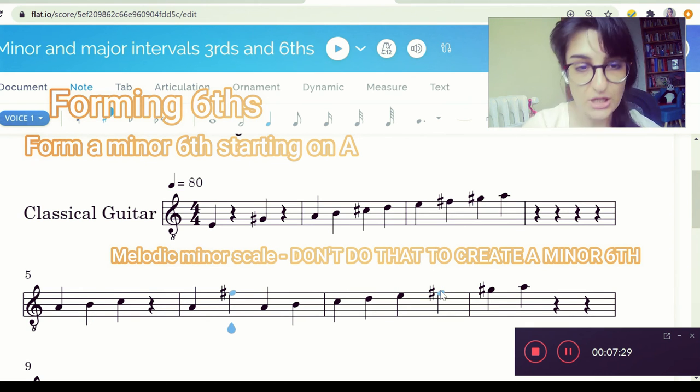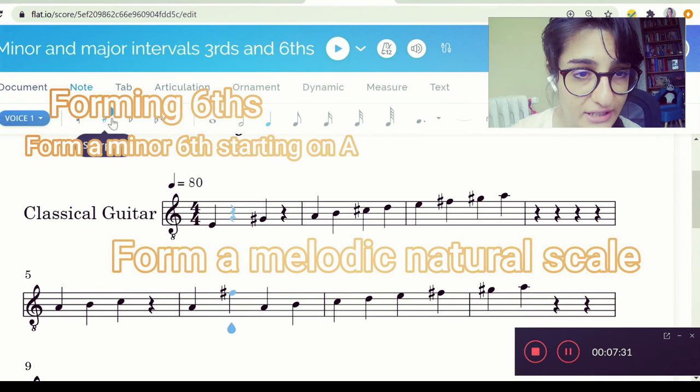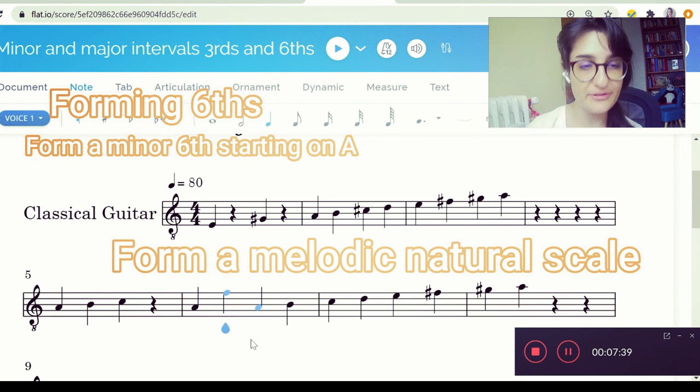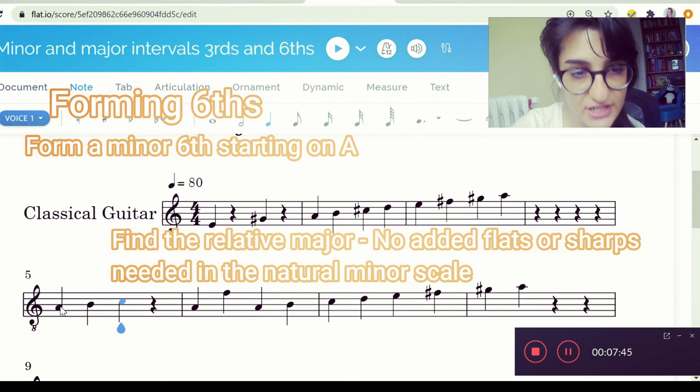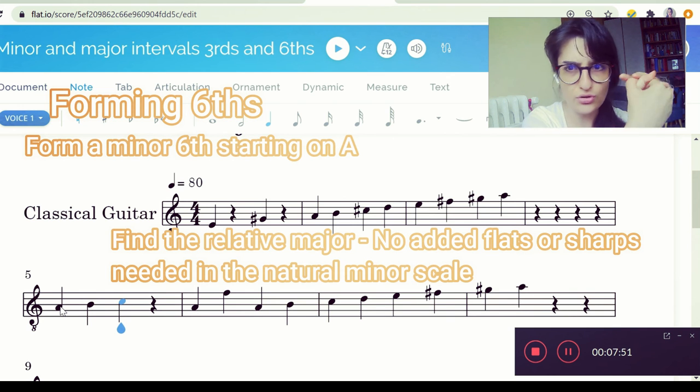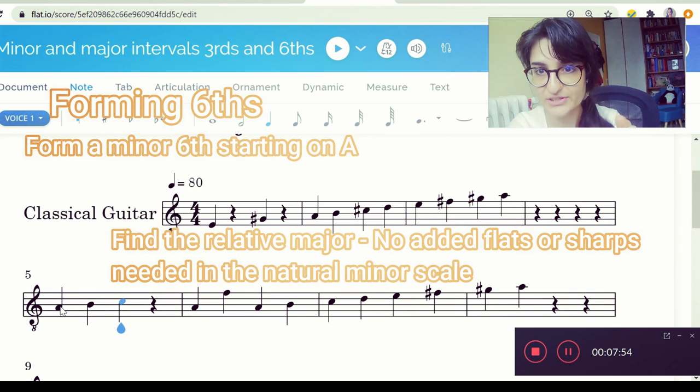What's a natural minor scale? It's actually much easier. To form a natural minor scale, we simply find the relative major, like we've learned. We go up by 3. Relative major of A is C: A, B, C.